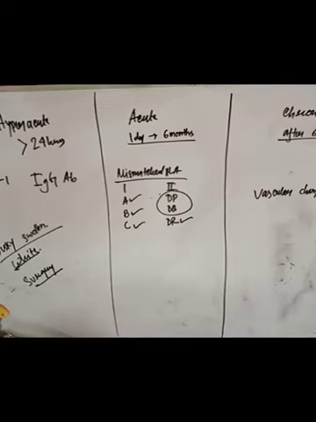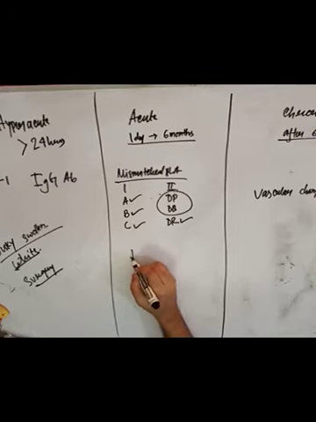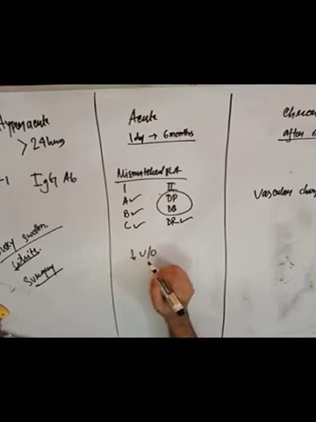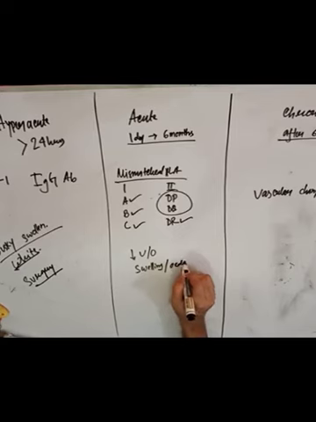So in acute rejection, the question may say that some 50 or 40-year-old person went for a renal transplant, and after a month or 2 months, he comes with decreased urine output, swelling of the body, edema, and a generalized feeling of being unwell.